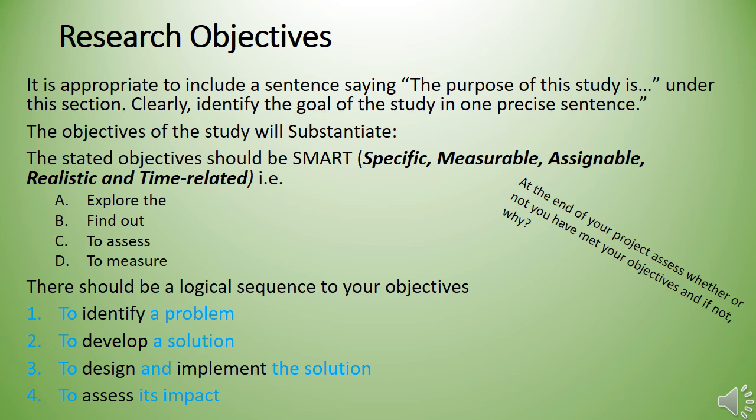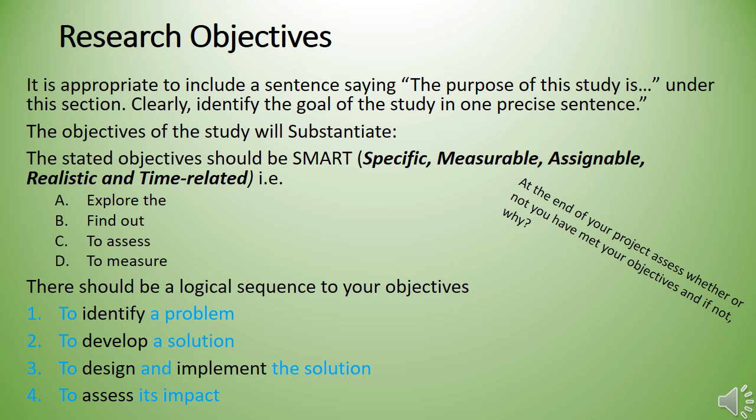You got to keep it in your mind that the stated objective should be SMART, which means specific, measurable, especially in terms of the quantitative part, assignable, realistic, and time related. You can use words like explore, find out, to assess, to measure.